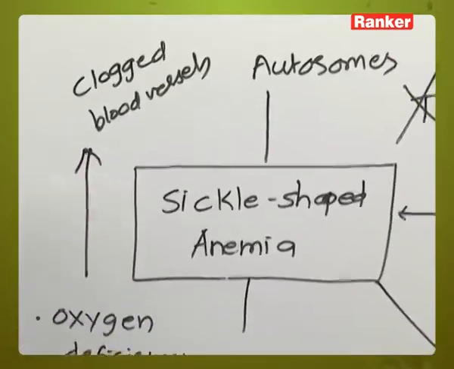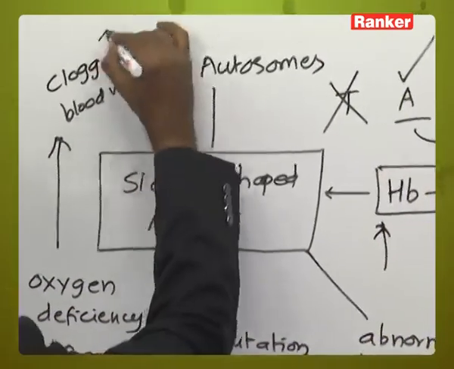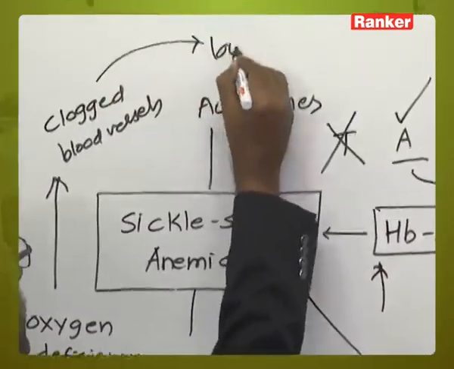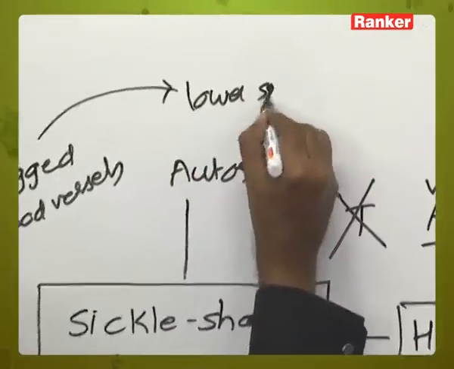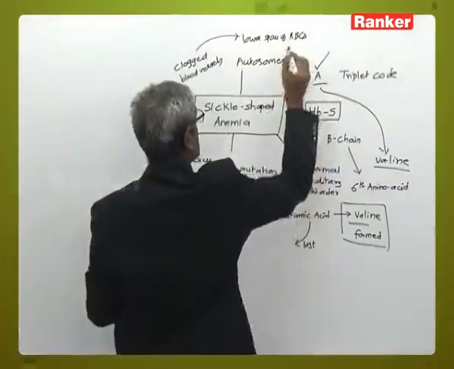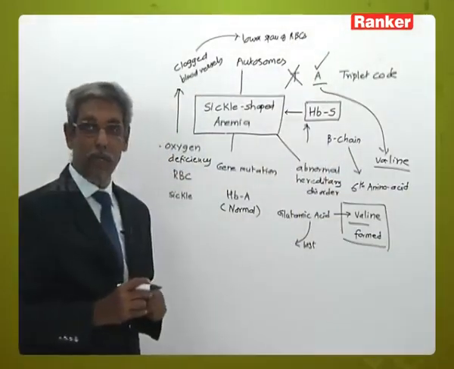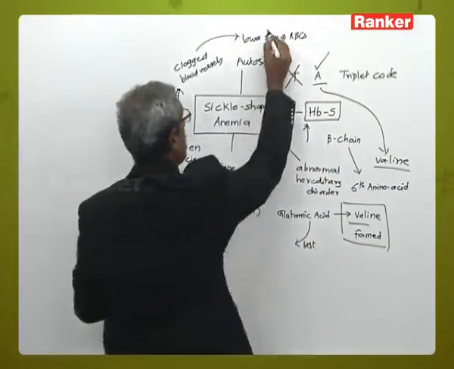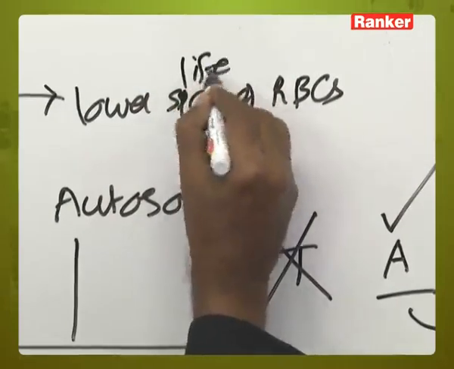There is clogging of the blood vessels, thereby there is lowering of the lifespan of the red blood corpuscles.